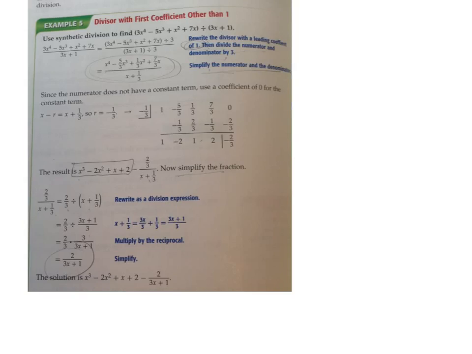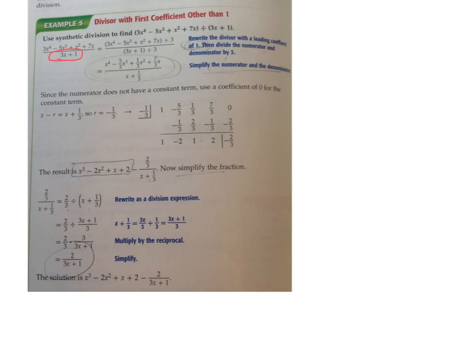All right, example 5 is a little monstrous. I want to get a fresh screen here and show you how to do example 5 in 2 different ways and explain what they're doing. They are rearranging this 3x plus 1 so that they can use synthetic division.